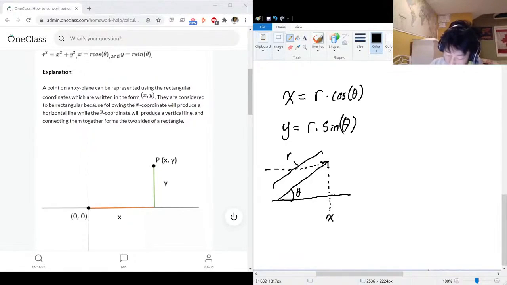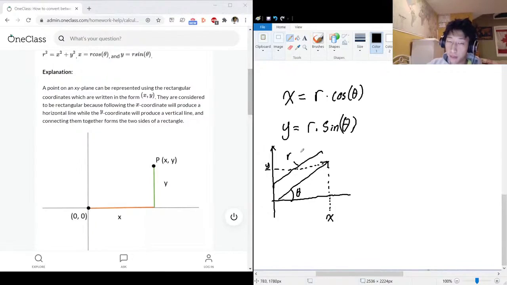And it's a similar thing for the y. Sine is the ratio between the hypotenuse and the opposite side. Opposite is on the other side of the angle, and that's the ratio between them.